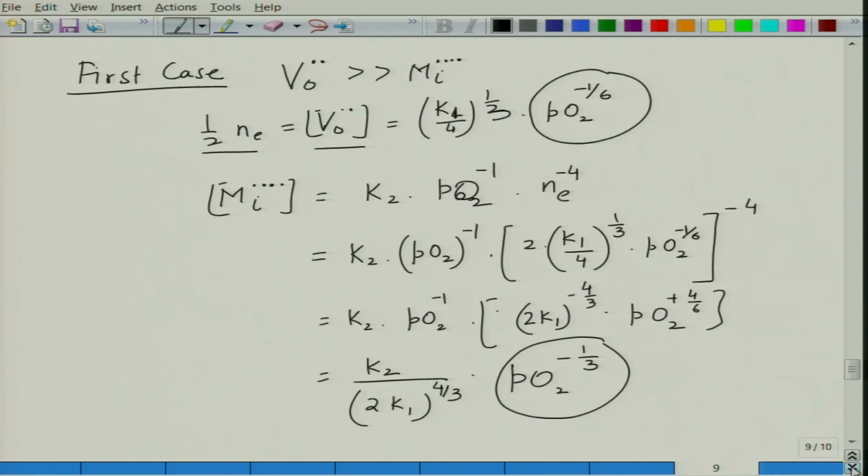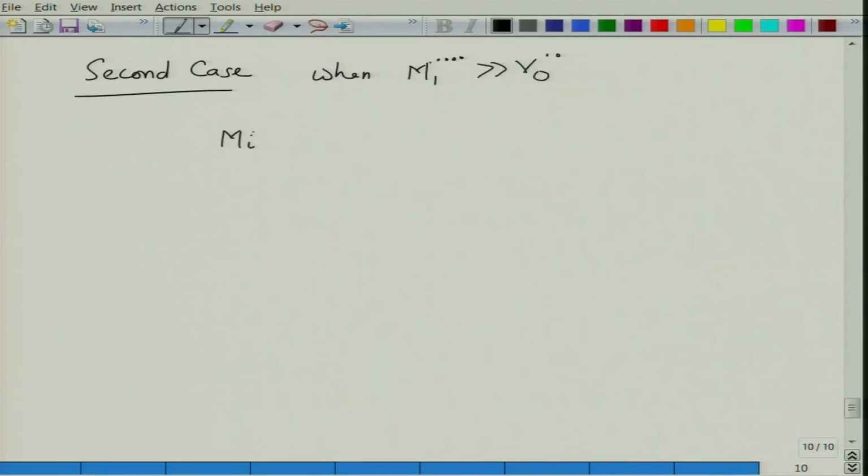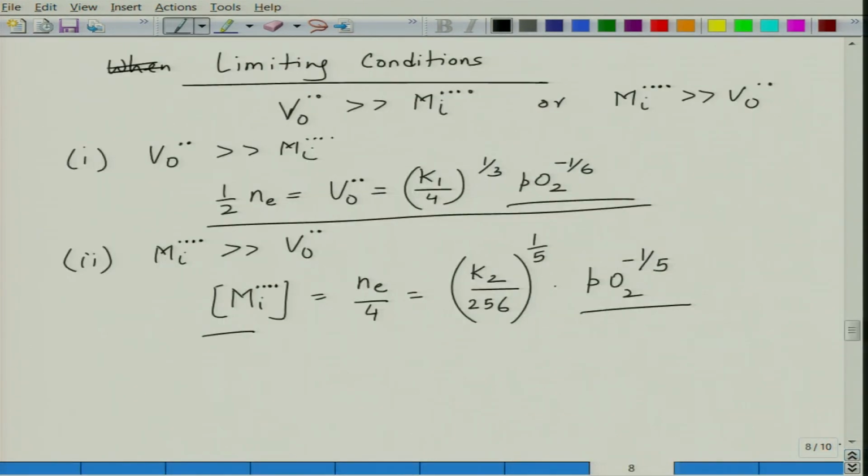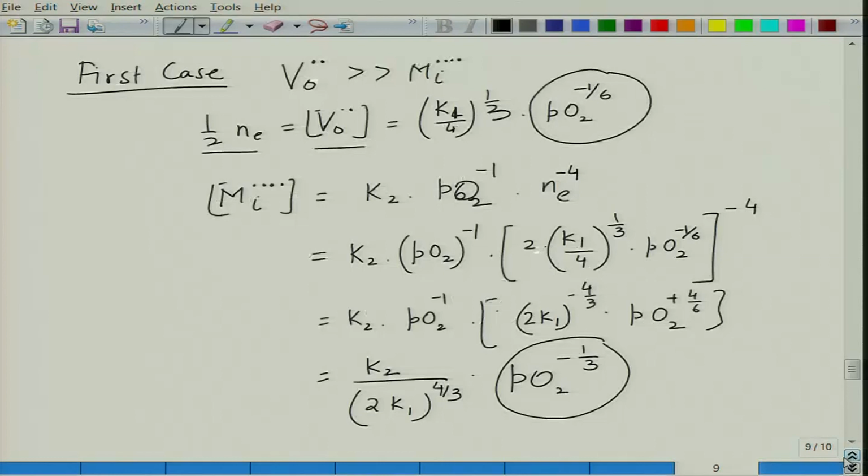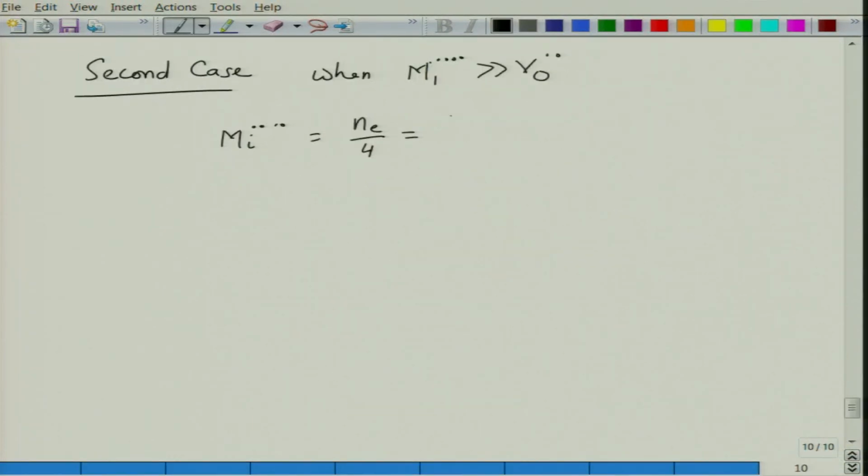So, Mi was equal to Ne divided by 4, and this was equal to K2 divided by 256 to the power 1 over 5 into P to the power minus 1 over 5. So, let us say K2 divided by 256 to the power 1 over 5 into Po to the power minus 1 over 5.